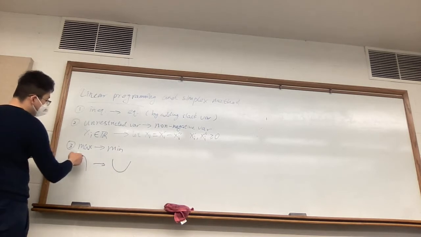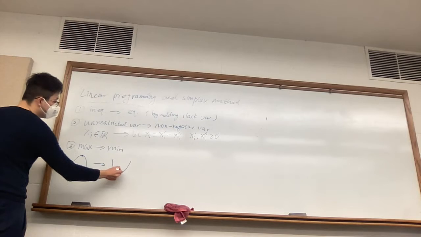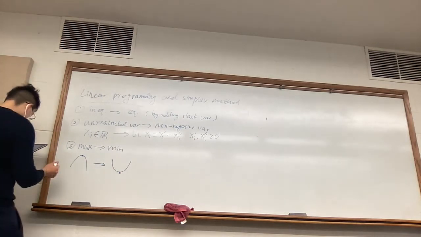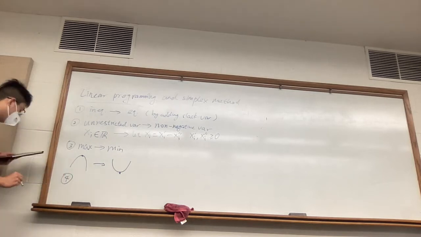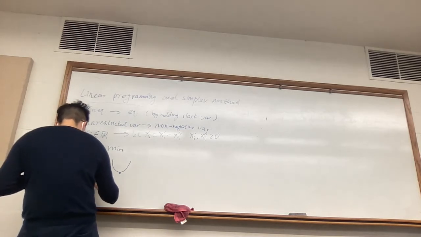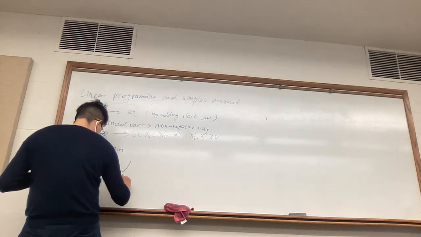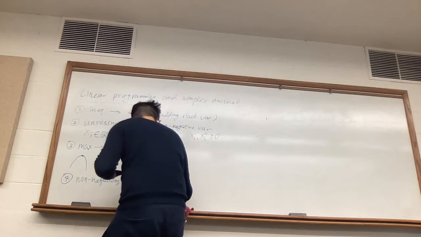And then the maximum point now becomes the minimum point. This is very easy. Okay, so the last point is non-negativity on right-hand side of constraints.